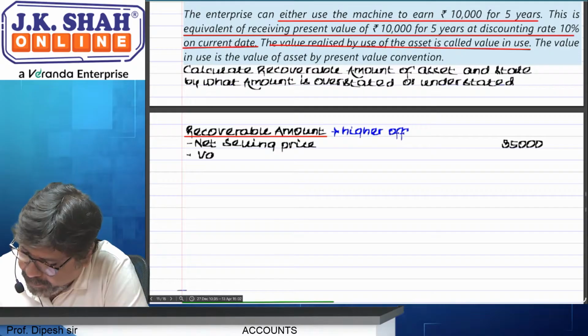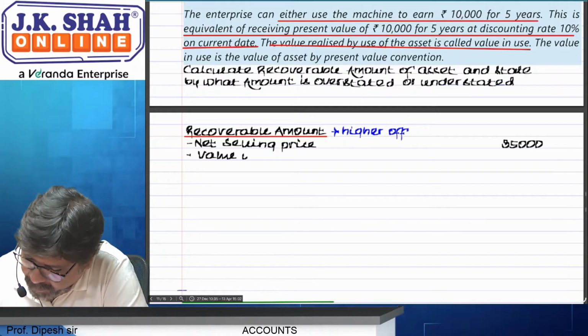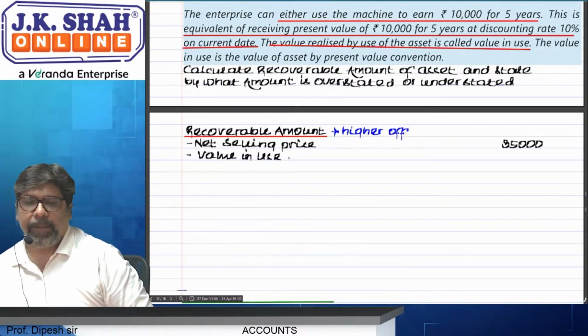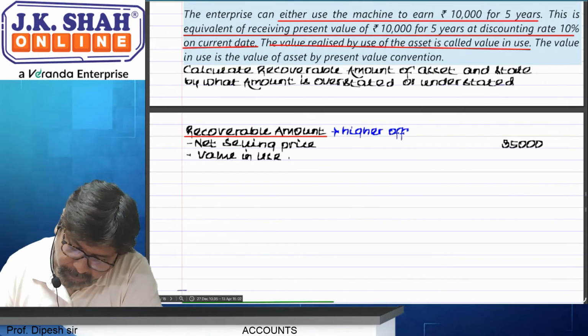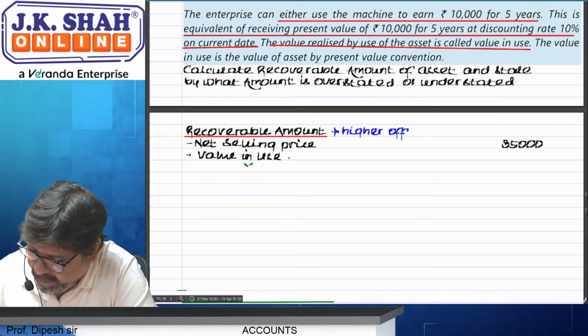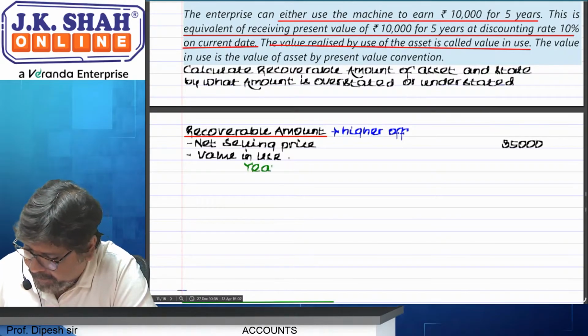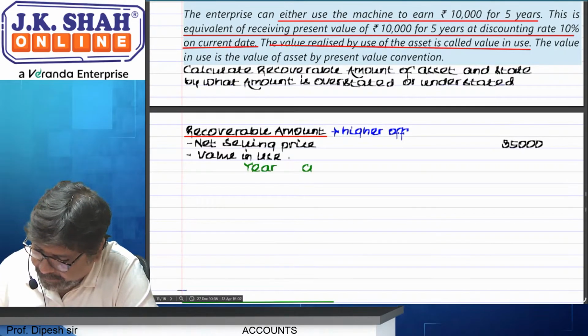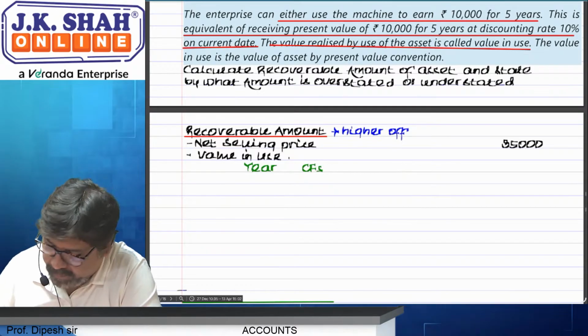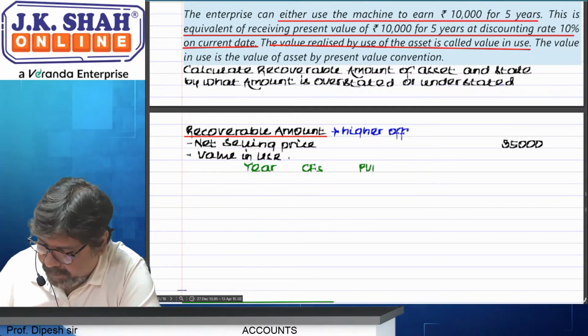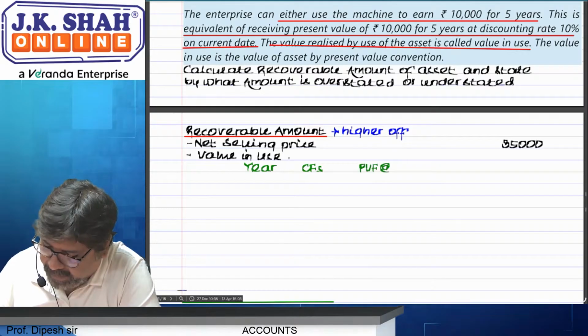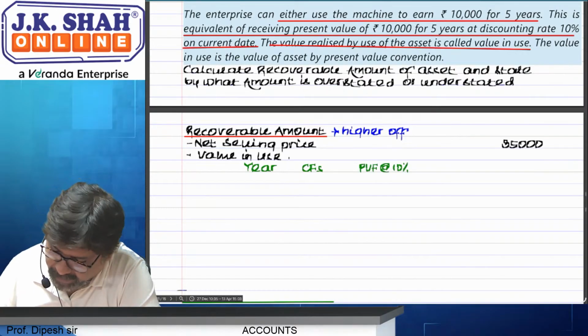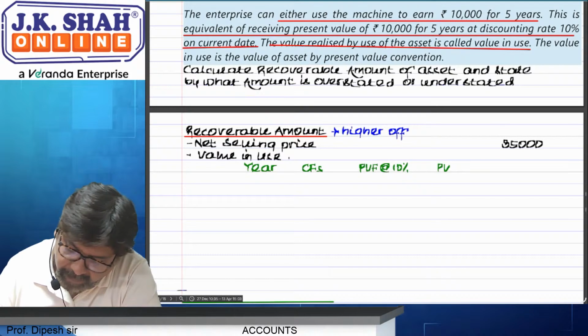Value in use. If I use, your cash flows, present value factor at the rate of 10%, present value.